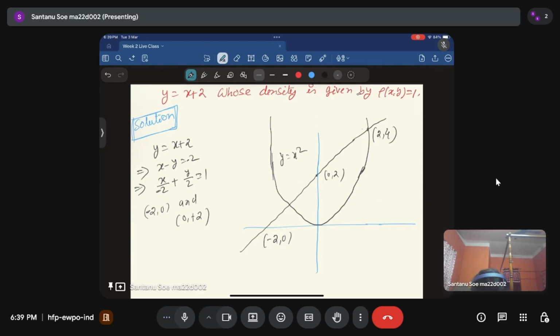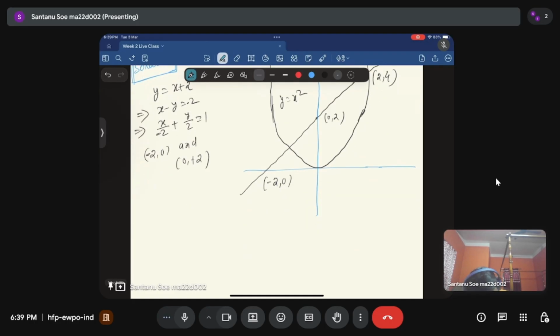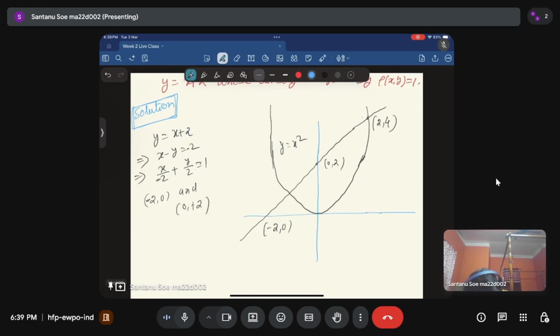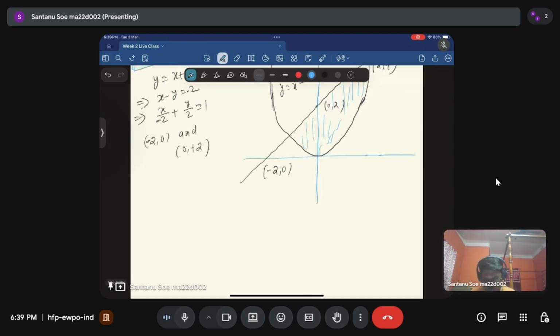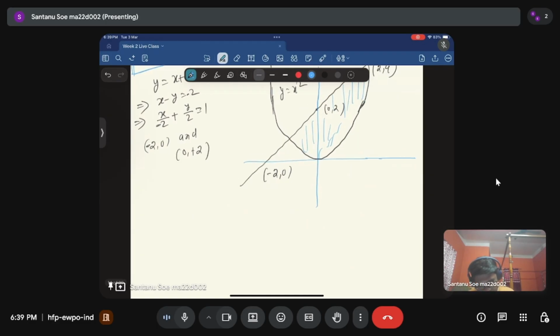Okay, and we have to perform the integration here. Okay, so now first we're going to write the formula for finding the center of mass and then the coordinates of the center of gravity.